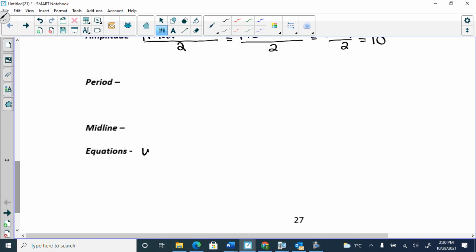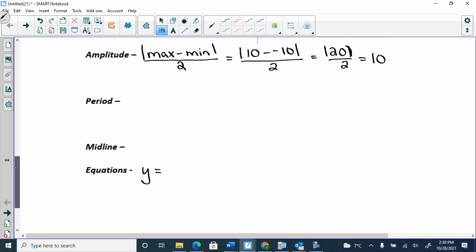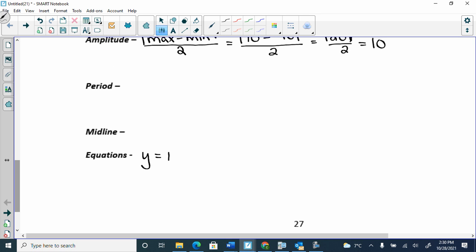We're going to have y equals, my a in this one was a 10, correct? So I could go 10 cos, y equals negative 10 cos, y equals 10 sine, y equals negative 10 sine. Because my amplitude is going to be the same for all of them, isn't it? So I find my amplitude one way, and then I can do 4 equations with it, can't I?